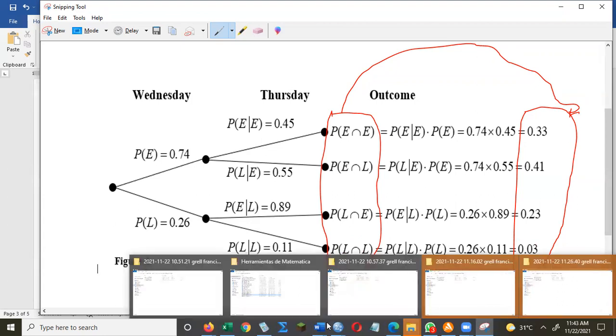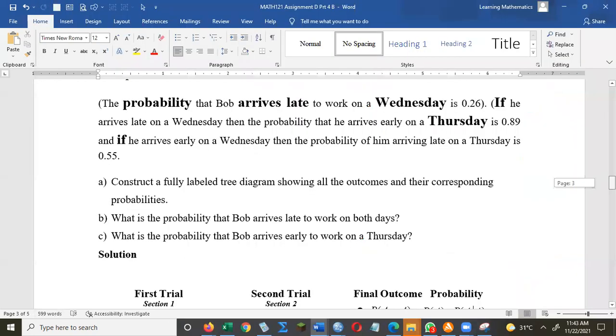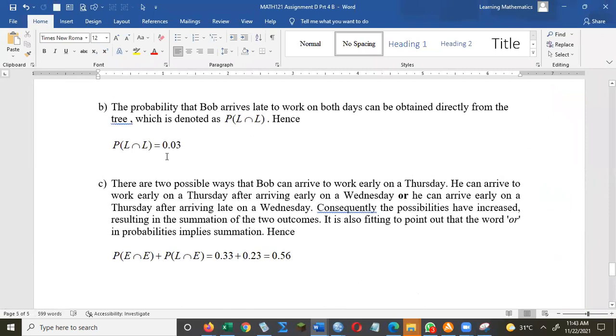If you go into the solution, you will see directly that the answer is 0.03. The probability that Bob arrives to work late on both days can be obtained directly from the tree, denoted as P of L and L, 0.03.